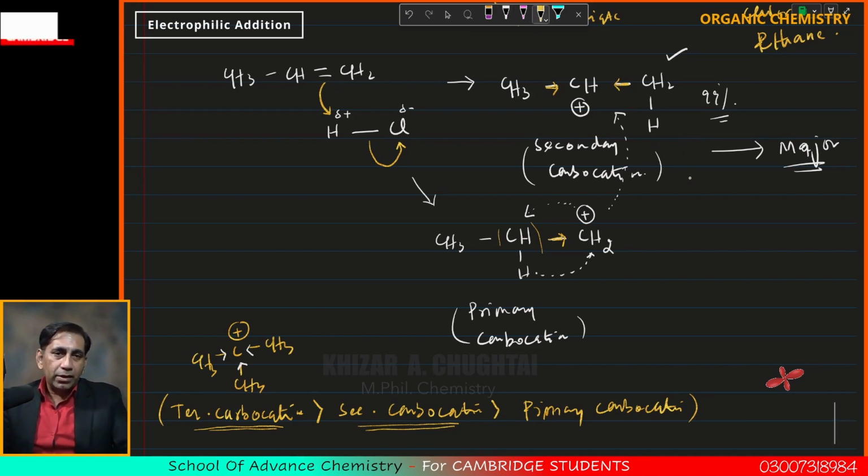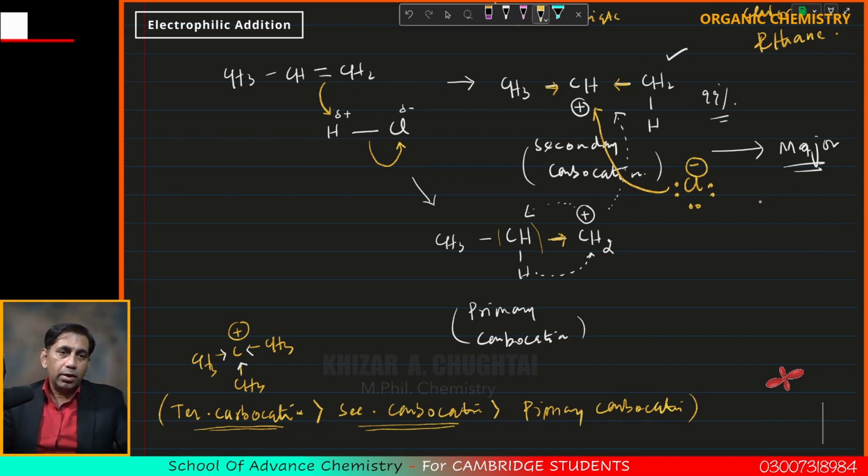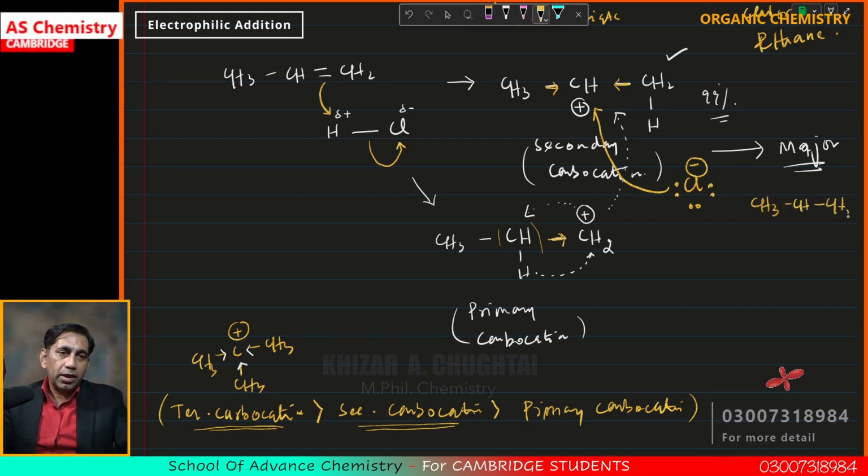Here we have made Cl negative charge. This portion of the molecule is going to change into Cl negative ion. So lone pair, lone pair, lone pair, and this time this Cl may attack on this carbon atom to make 2-chloropropane. That is the major product. CH3, CH, and CH3, and here is Cl. It's 2-chloropropane. It is called the major product.